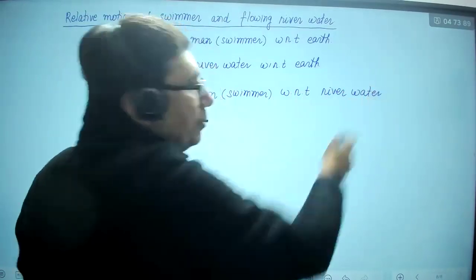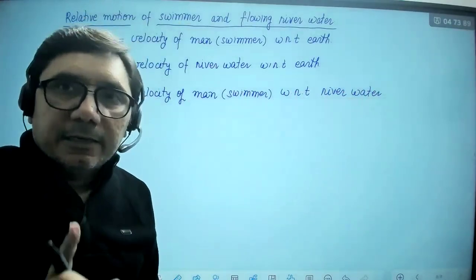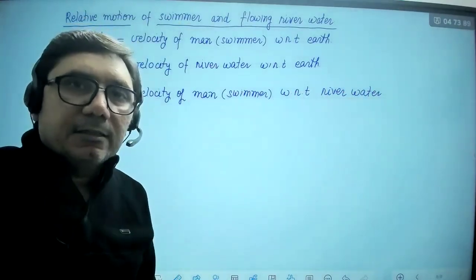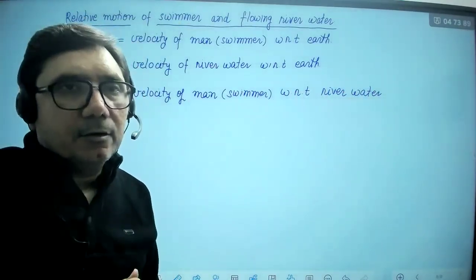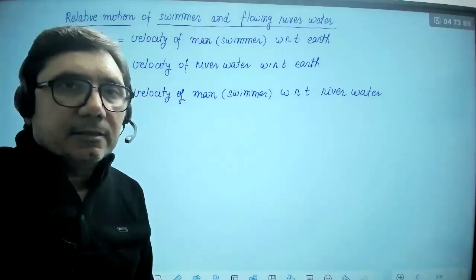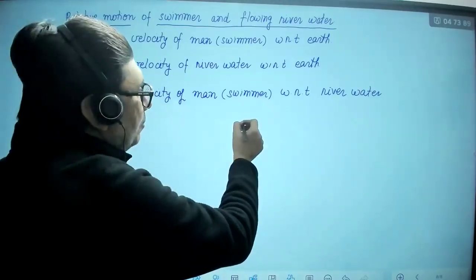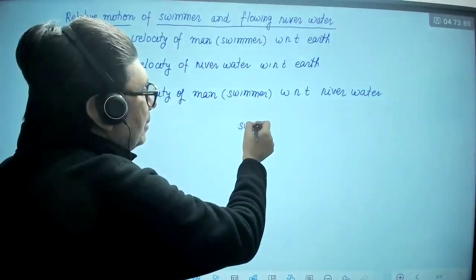So here again three bodies are involved. One is man, the swimmer. River water, flowing river water is there, and third is earth or its banks. Two banks are there. They are representing earth. So three bodies are involved. Man, swimmer is there.